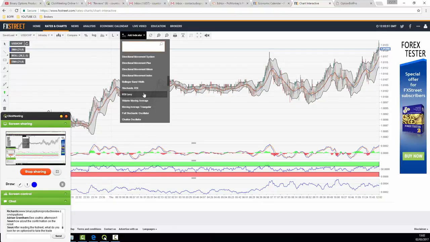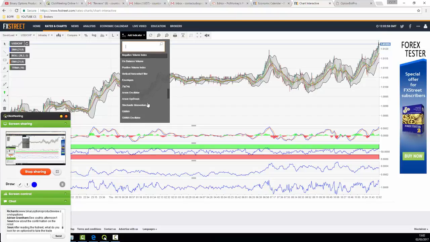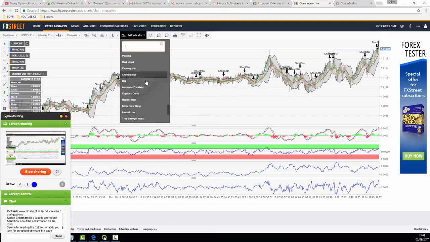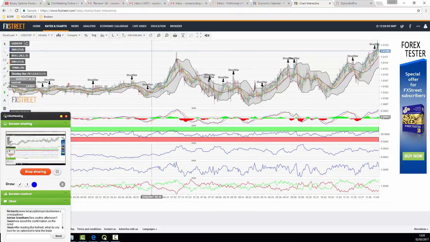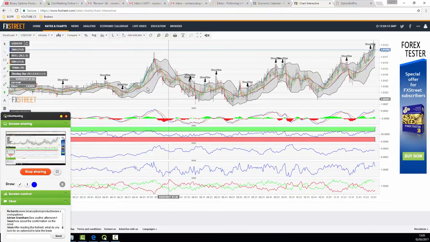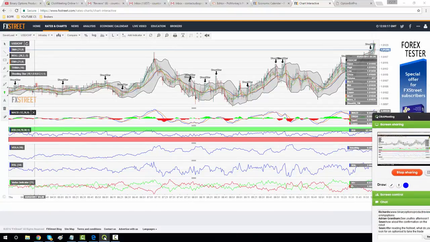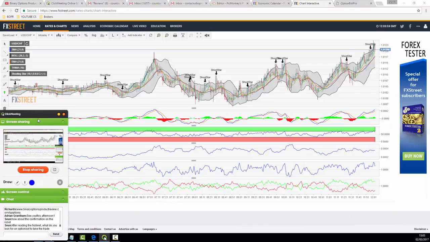You can have every RSI. Moving average triangulator. Where's my alligator band? There's my alligator. Shooting star. A vortex indicator as well. It's literally all here for you guys to see. That is how impressive FX Street can be.